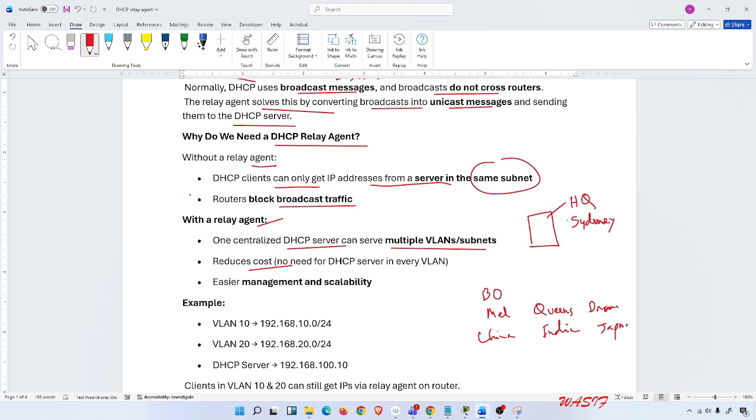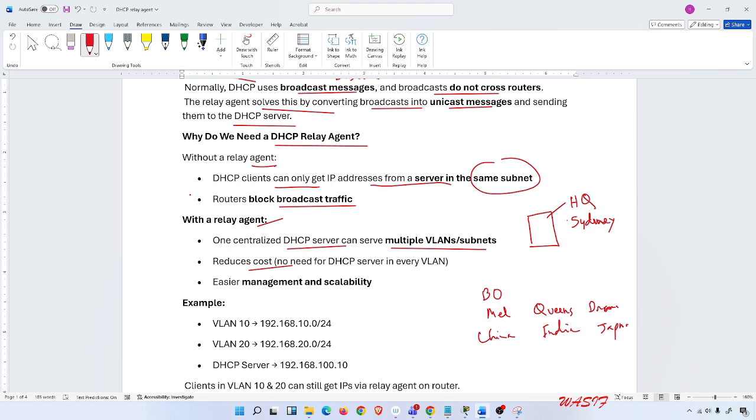And we are configuring a Cisco router on Packet Tracer, but in real life most people will use different types of servers. For example, Windows DHCP server is light years ahead of this Cisco router configuration.